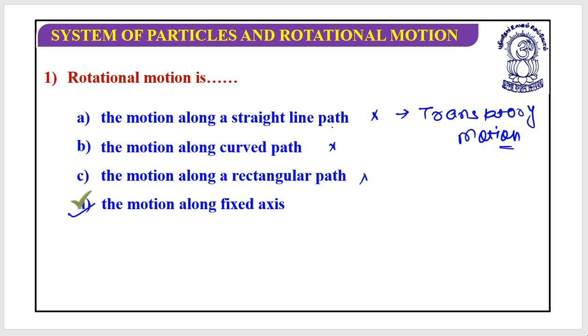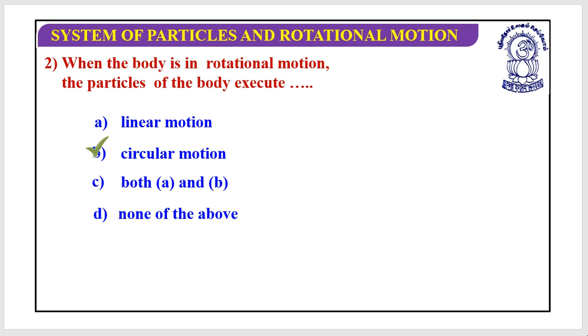Next, when a body is in rotational motion, the particles of the body execute linear motion? No. Circular motion? Yes, definitely. Both? No. None of the above? Not possible. So all the particles are moving in circular motion.